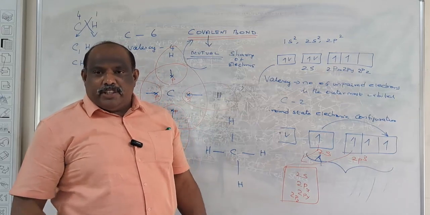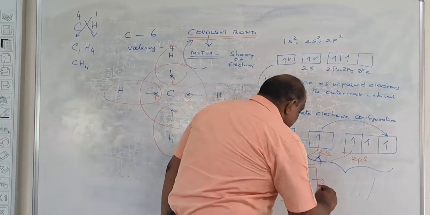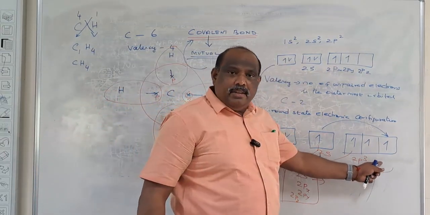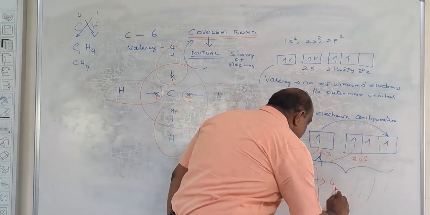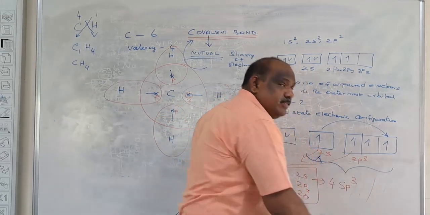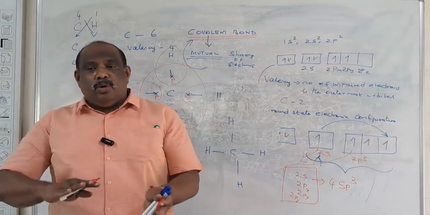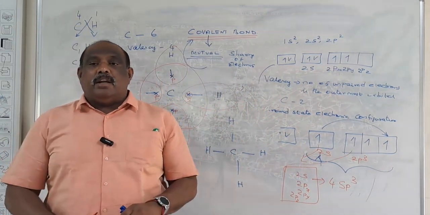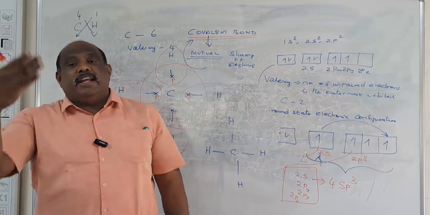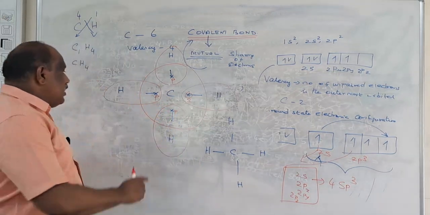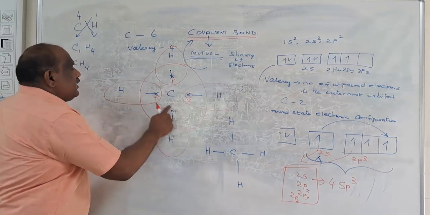How many electrons are there in total? 4. Now I am going to make 4 sp3 hybridized electrons. So there is no s electron, there are no p electrons. Now the electrons are called 4 sp3 hybridized electrons. So it is not like 1 s and 3 p.